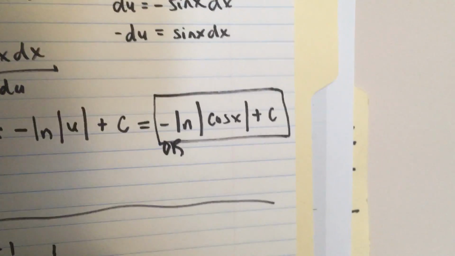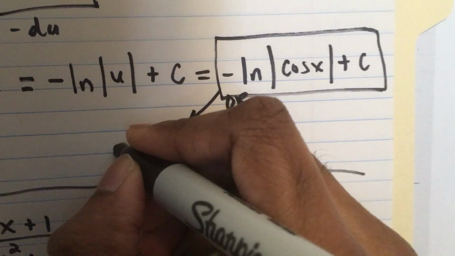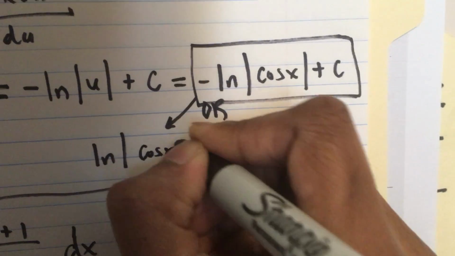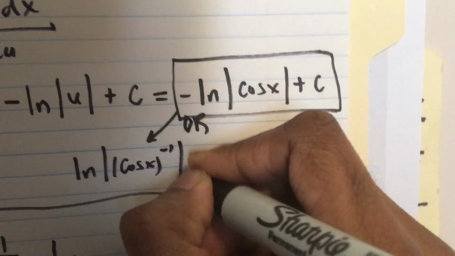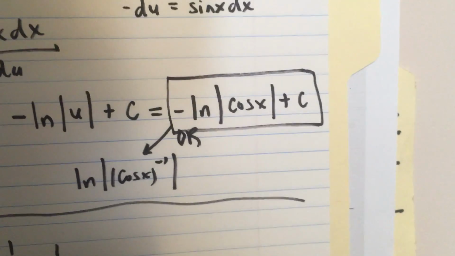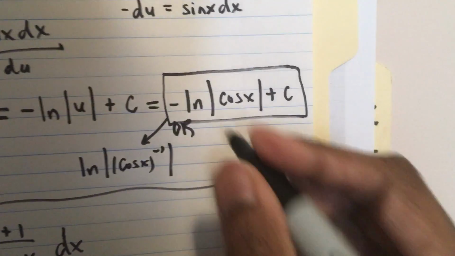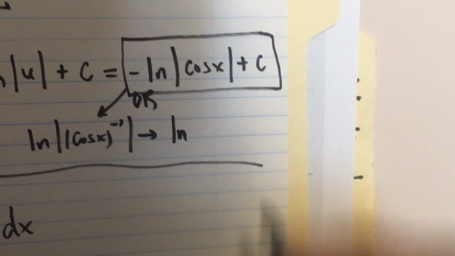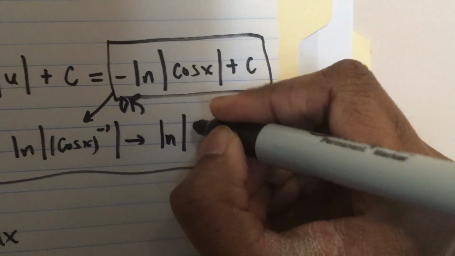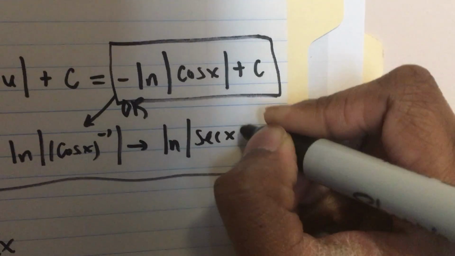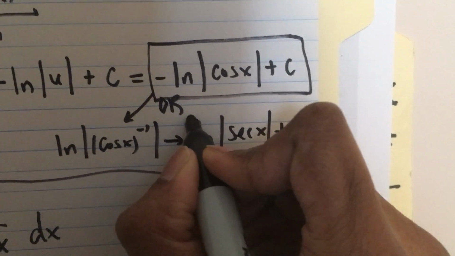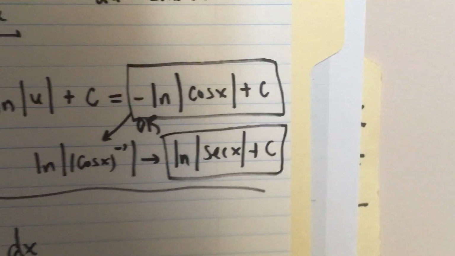We could rewrite this so we have natural log of the absolute value of cosine x to the negative first power. 1 over cosine x is secant, so we could have also have an answer as natural log of the absolute value of secant x plus c. So you could have two different answers, but they represent the same thing.